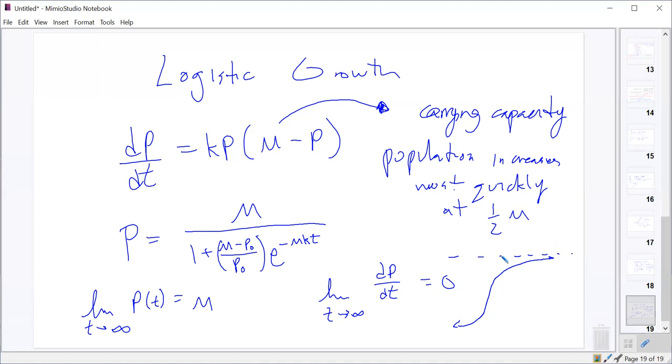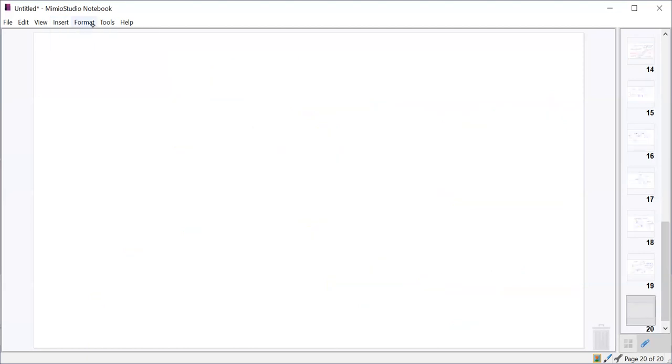Let's see. And if they ask you when does the population reach its carrying capacity, suppose the carrying capacity was 500.